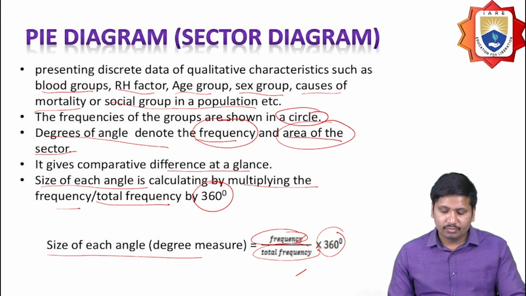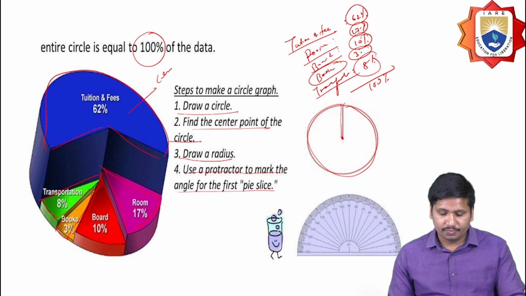The pie diagram is the way of presenting qualitative data, and the frequency of the groups is represented in the form of a circle, and the degree of angle denotes the frequency and area of the sector, and it also gives the comparison of differences at a glance, and the angle is calculated through the equation frequency by total frequency into 360.